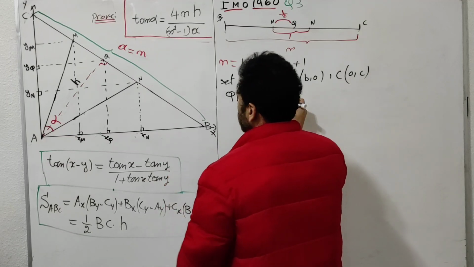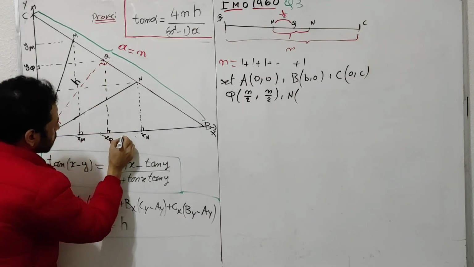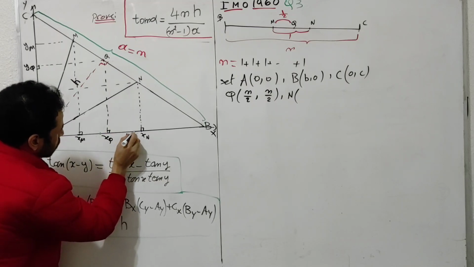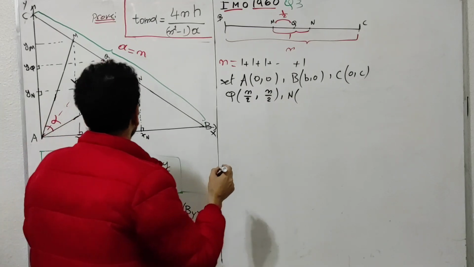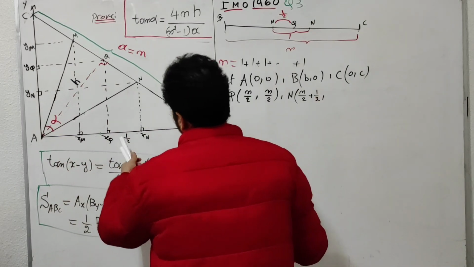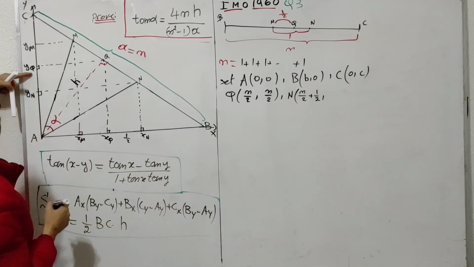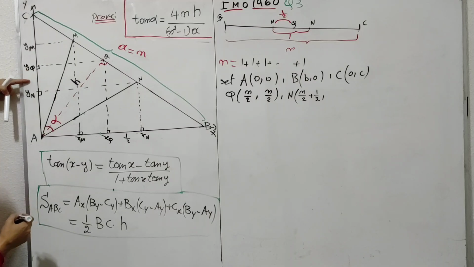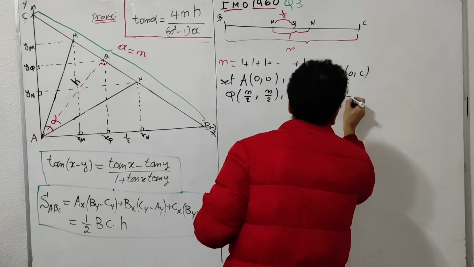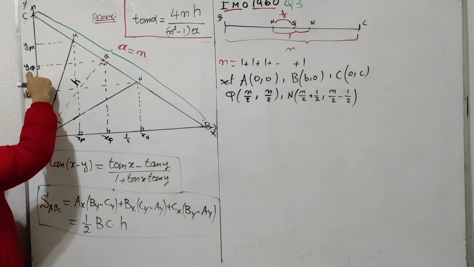For the point N, the input xN is n over 2 plus half, because we know this distance is a half, so that's n over 2 plus 1 over 2. For the output, since yQ is n over 2, yN is n over 2 minus 1 over 2, because it is located below by half.